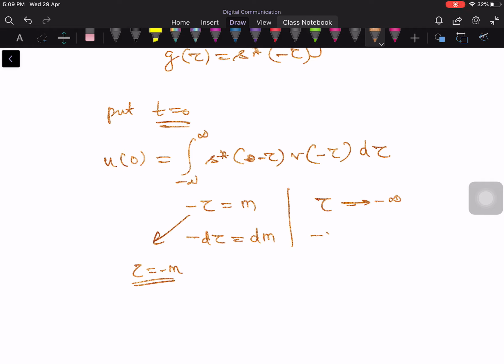Tau equal to minus m. Minus m goes to minus infinity. Therefore m goes to infinity. So this is my lower limit.